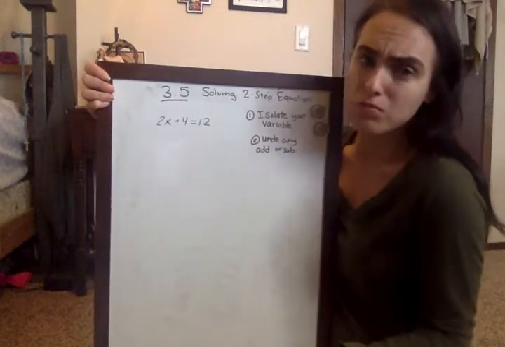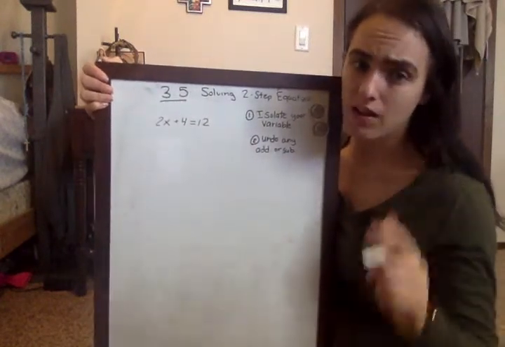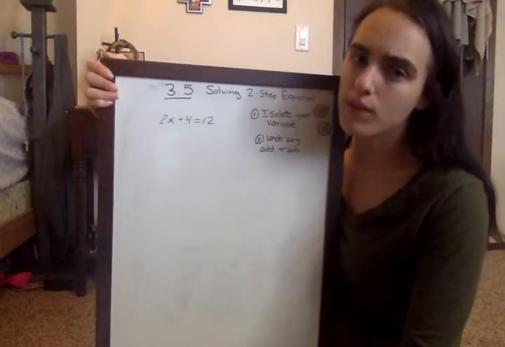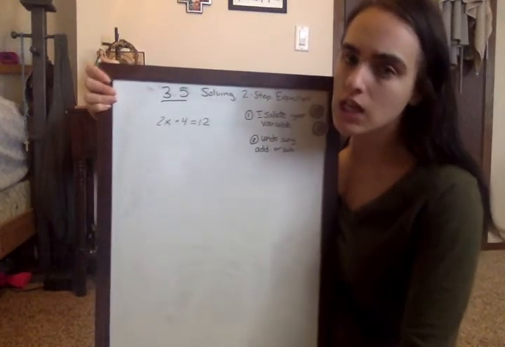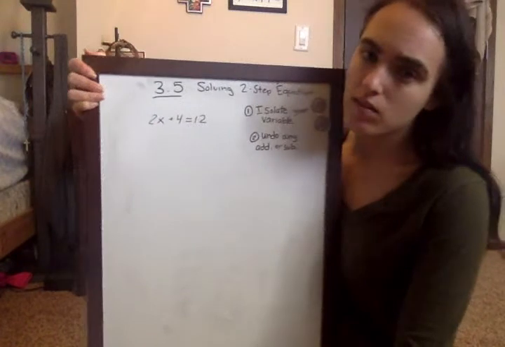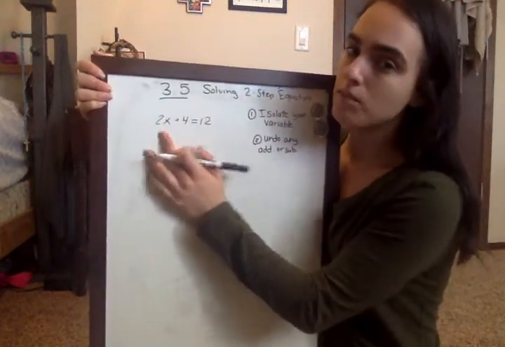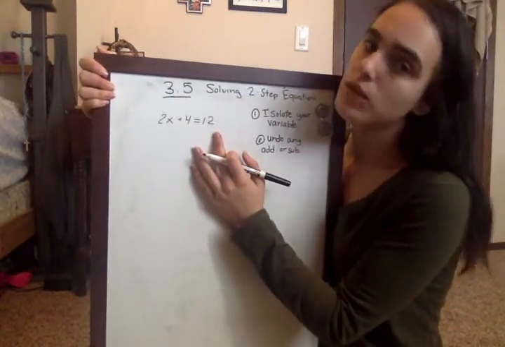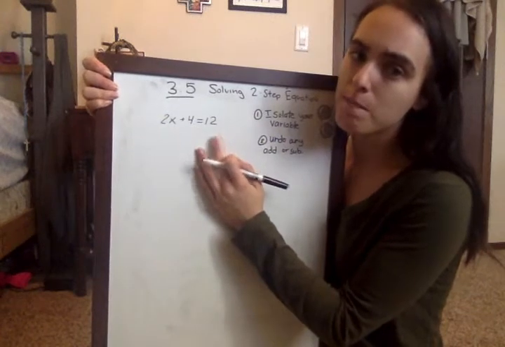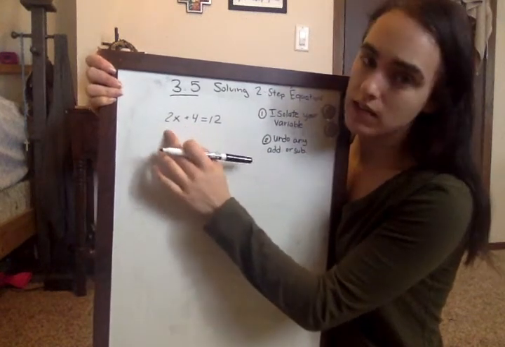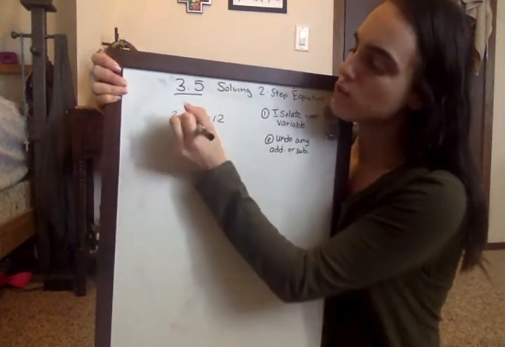You work opposite of order of operations. So you're going to start with your addition and subtraction actually. You might think that your first step is to divide by 2, but we can't divide by 2 yet. The first thing that we need to do to get x by itself is actually subtract 4.